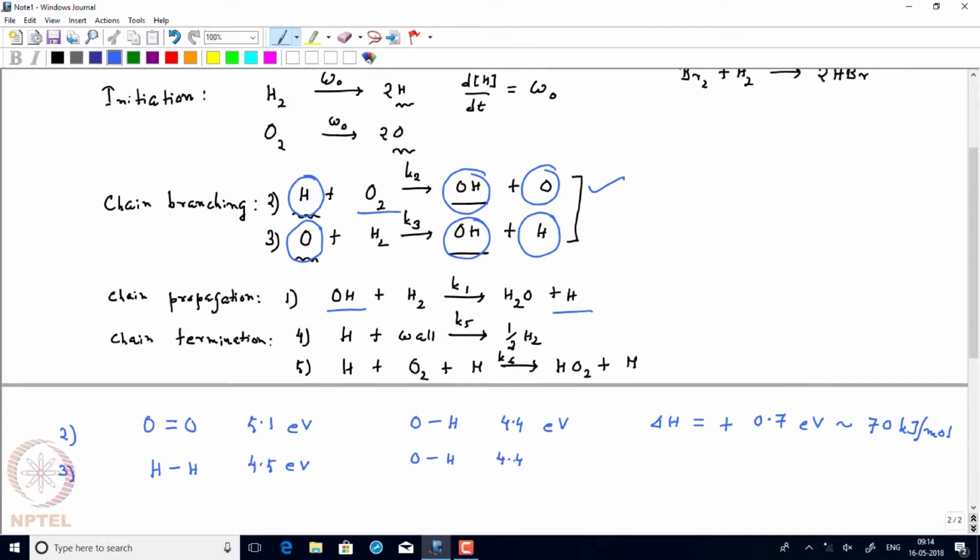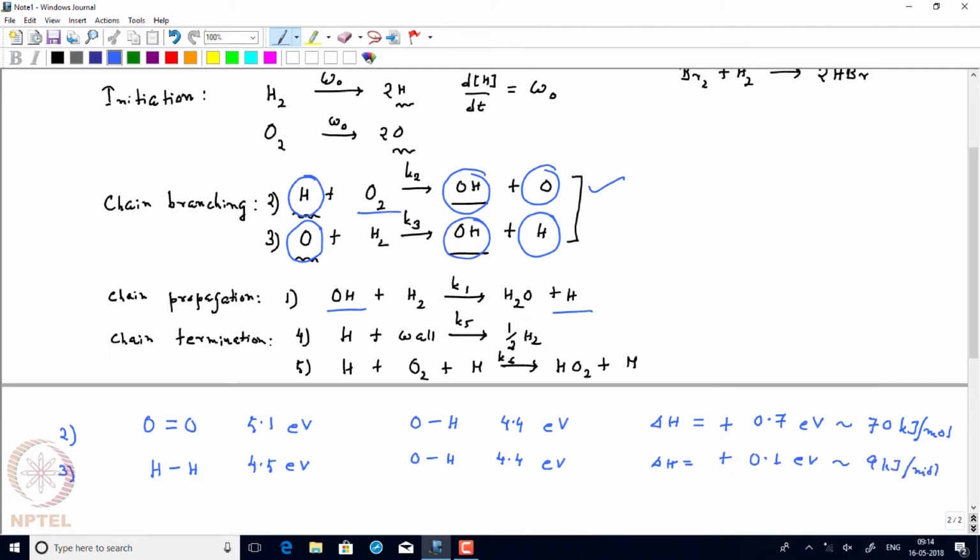So 4.5 and 4.4, this will be about plus 0.1 electron volt, the delta H. In both cases, step number 2 and 3, OH radical is formed, and step 3 is approximately 9 kilojoule per mole endothermic.